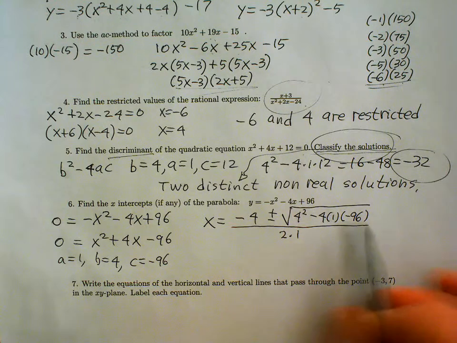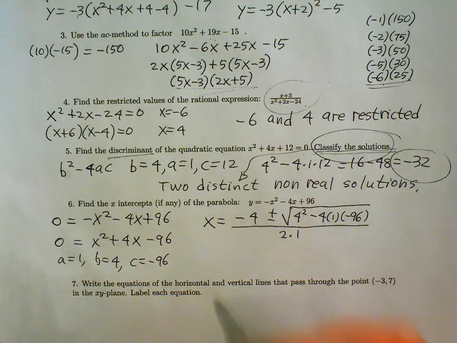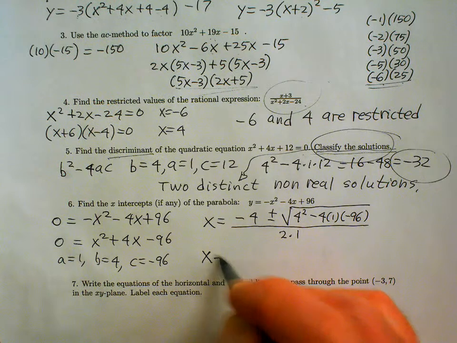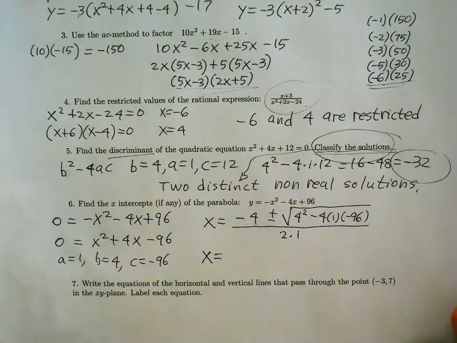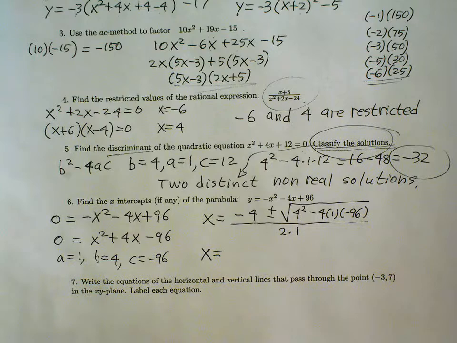So this is going to work out pretty nicely. So take a few seconds and then tell me what the solutions are that you get. So I'll give you 20 or 30 seconds.